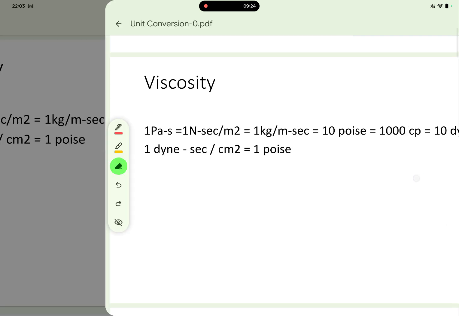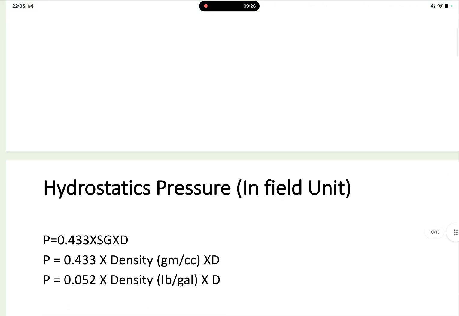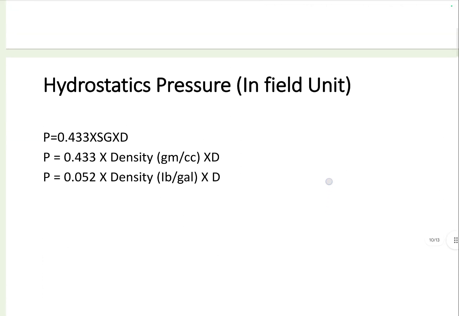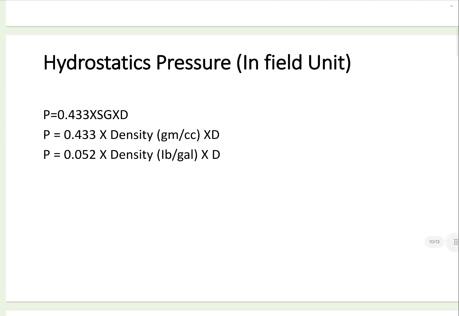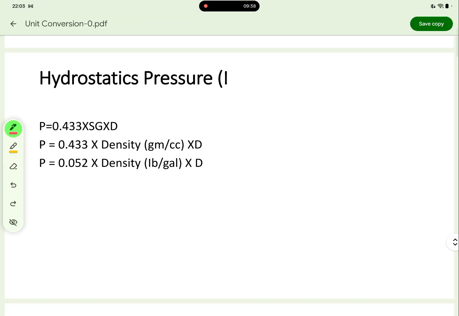Now let's go to another very important thing, the pressure. The most important thing is the pressure. As I already explained how this constant is coming, let me do the calculation again.